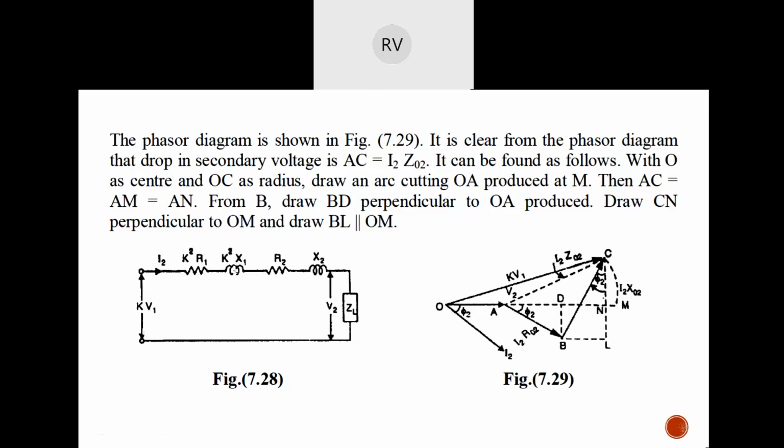AM is approximately equal to AN. From B, draw a perpendicular to OA produced. Draw CN perpendicular to OM and draw BL parallel to OM.